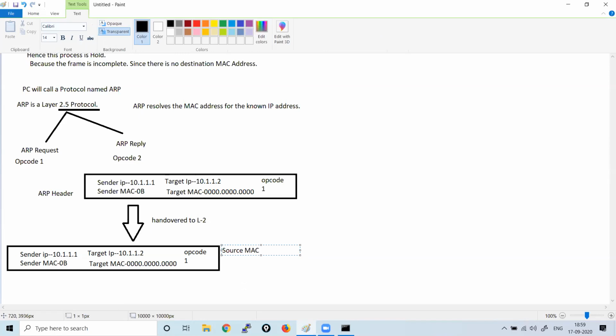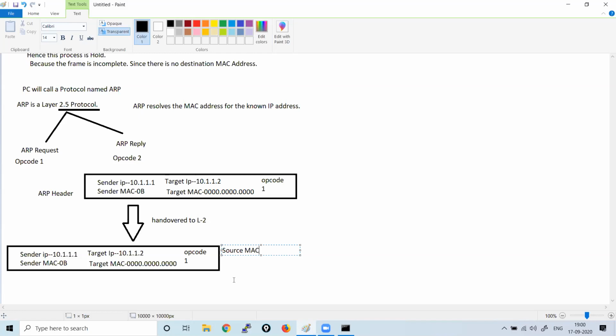Don't confuse sender MAC and source MAC. Both are pretty much the same, pretty much similar. But this is specific to only ARP. Layer 2 doesn't know what information is there in the ARP header. Who doesn't know? Layer 2.